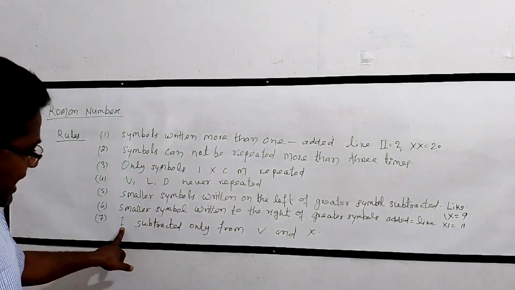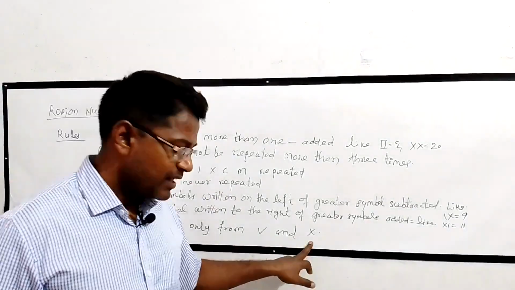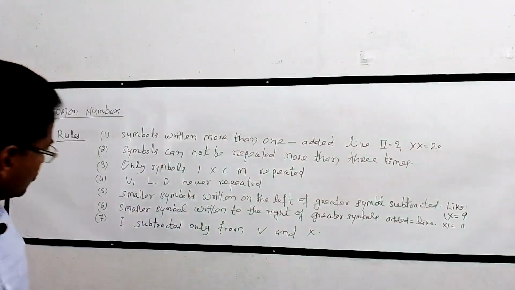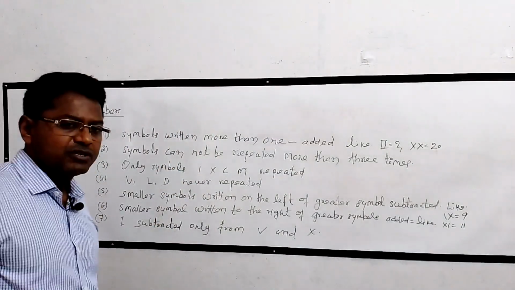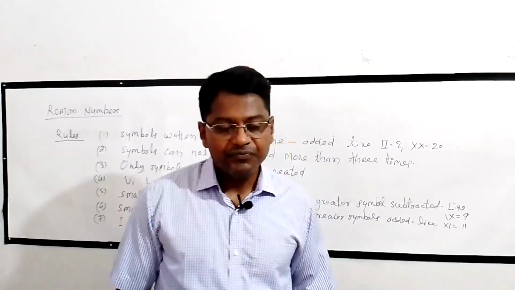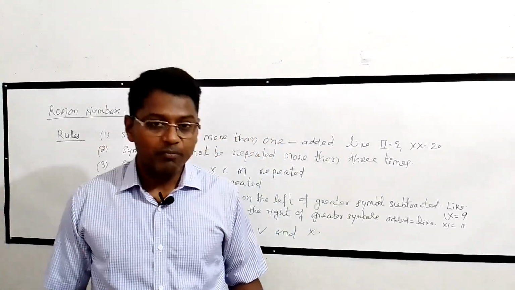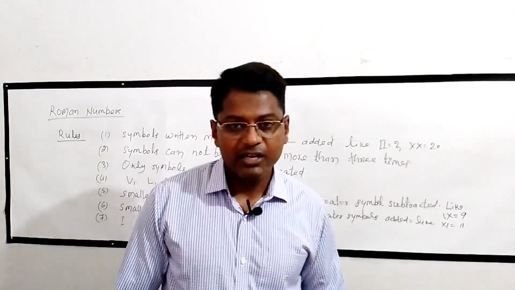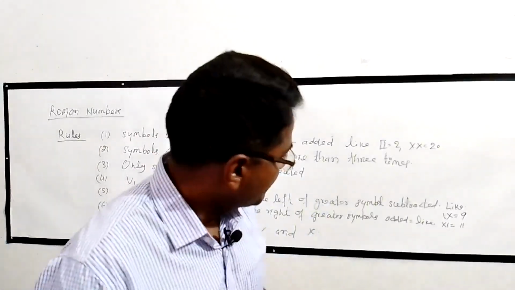You can subtract I, meaning 1, only from V and X. So these are the rules. Based on these rules, you can write down any Hindu Arabic number into Roman numbers, and any Roman number into Hindu Arabic numbers.